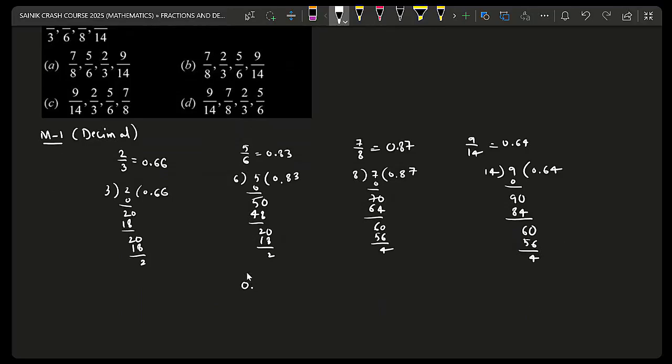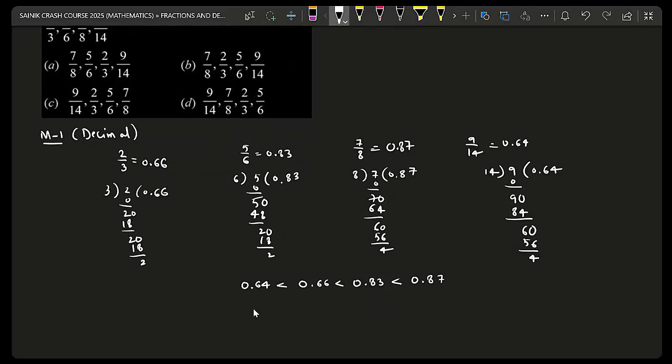Don't confuse. Which is the smallest? Sir, 0.64. After that, 0.66. Next, 0.8. Next, 0.87. Very good. 0.64 came from which fraction? 2 by 3.